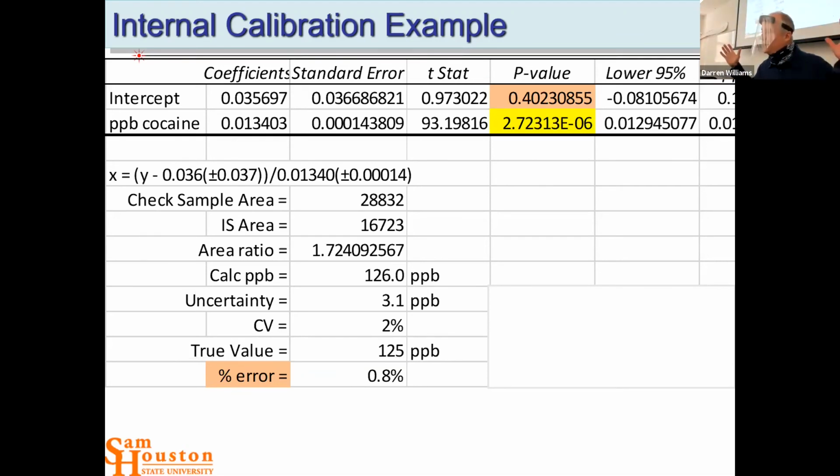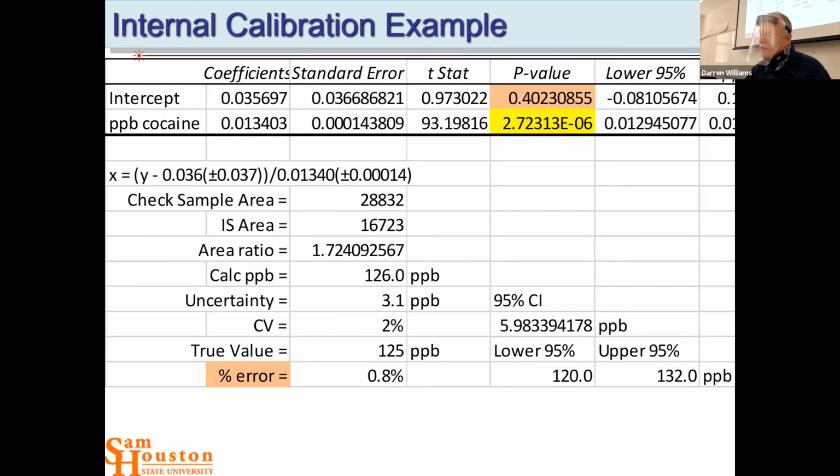Internal standards fixed it. Even though we thought it's a matrix mismatch, and it is a matrix mismatch, it looks like it was injector to injector variability that was causing us to be so low. Now, I don't exactly know how that could cause us to be low, but this fixed it, or appears to fix it. And so here's our 95% confidence limit.